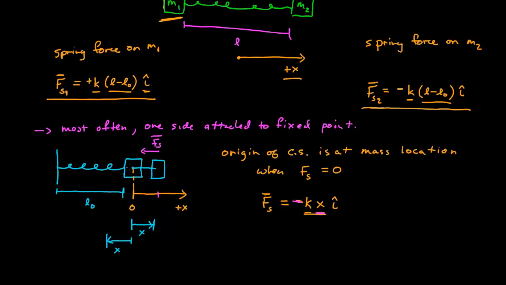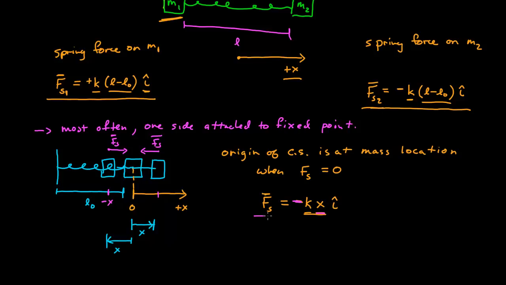Again, if the system is compressed, so the mass is now at some negative value of x, the force on the spring is in fact positive. And so in this case, if x is negative, that negative cancels with this negative, giving us a positive force.